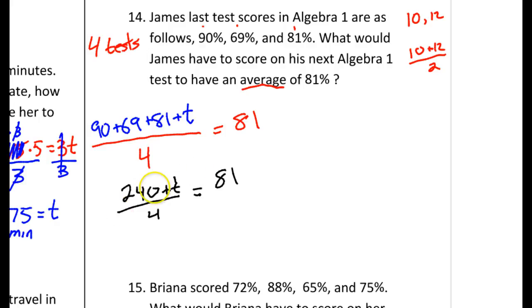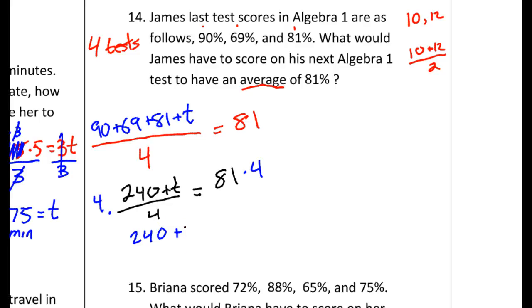Now, we have 2 things here. If I was going to plug a number in for T, I'd have to do 240 plus that number and then divide whatever that was by 4. So I'm going to do that in reverse to solve it. I'm going to multiply by 4 on both sides and then subtract.